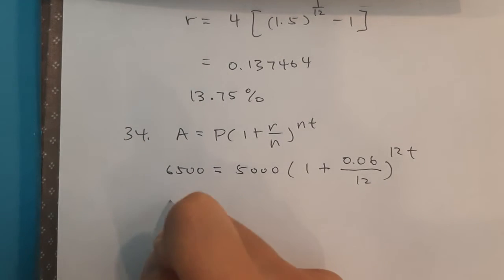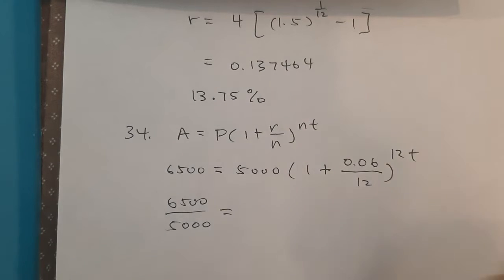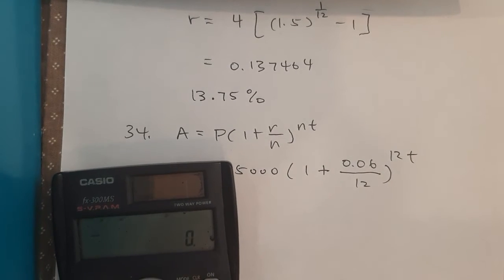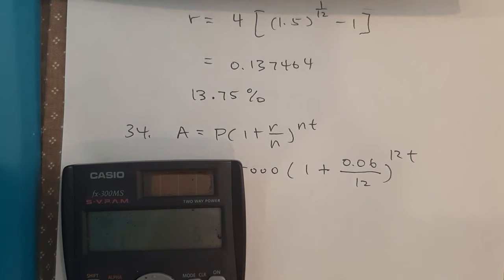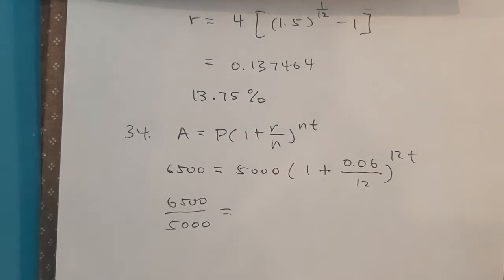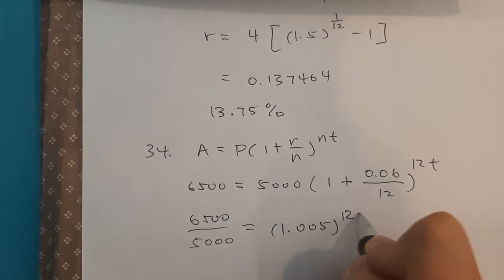So we got 6,500 divided by 5,000. 0.06 divided by 12, that's going to be 1.005 to the 12t.